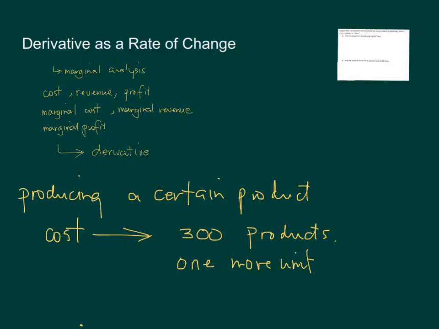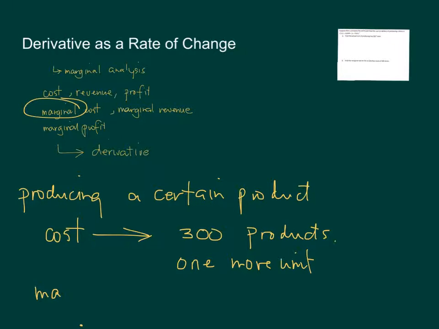So we want to find the rate of change. Marginal simply means the rate of change at which the cost will be changing the moment we add one more unit to the quantities that are already made.